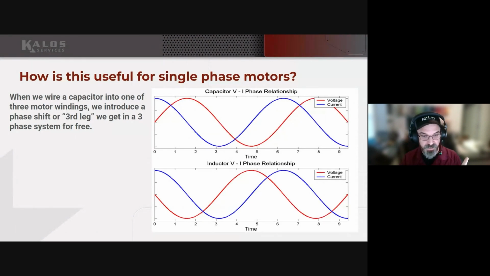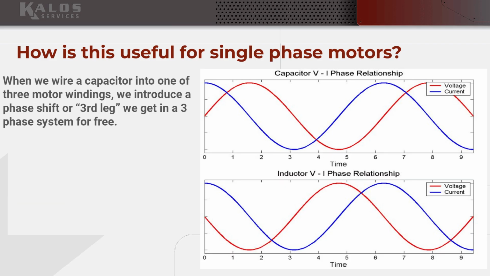So we would wind the motor from that one leg coming in in two different directions in order to create a split phase. That's giving us two legs with electromagnetic potential fields in opposite directions. By creating that phase shift with the capacitor, now we can wire a third leg that has a phase shift relative to those other two legs.